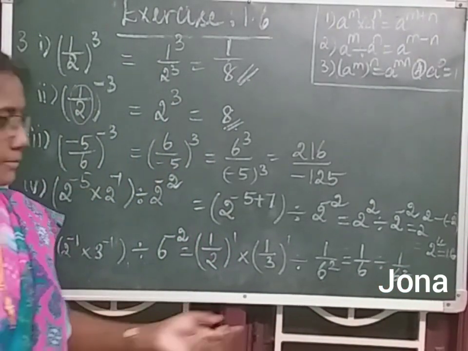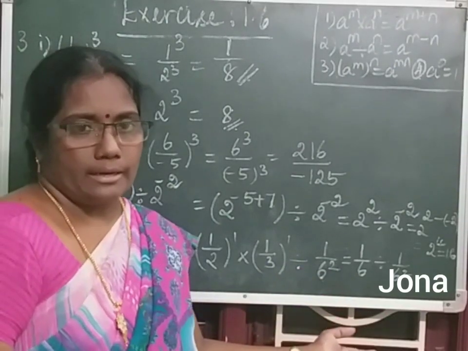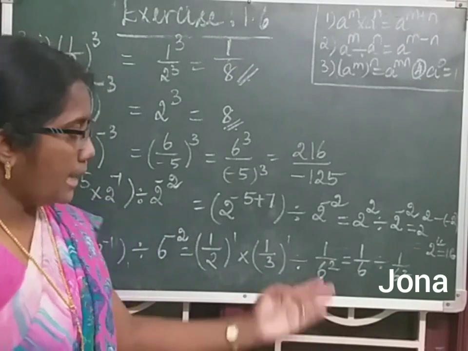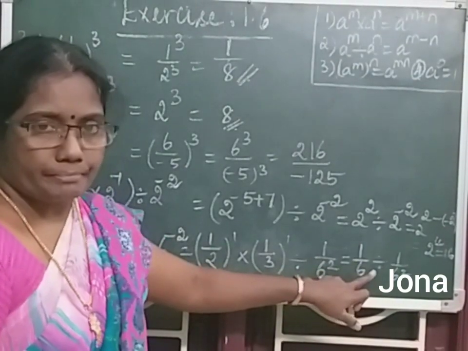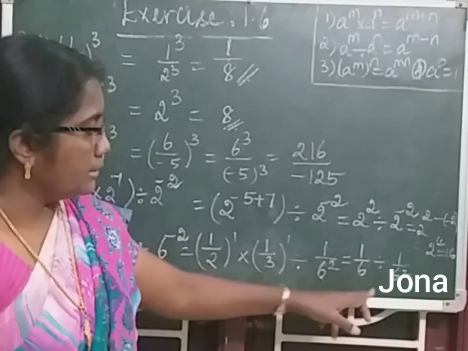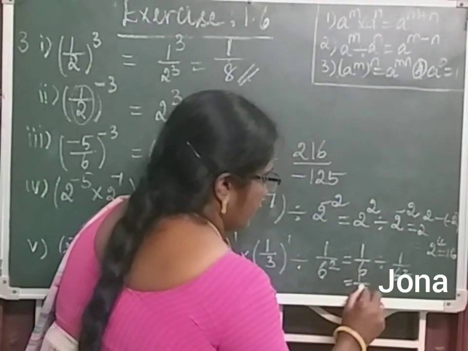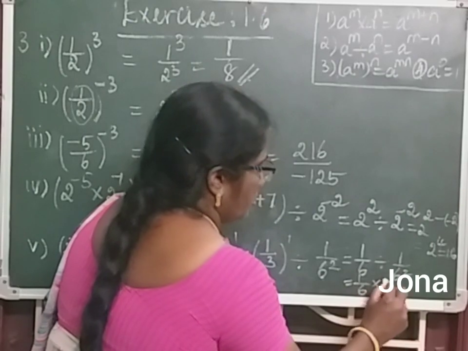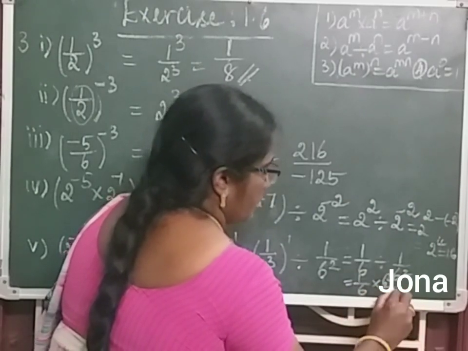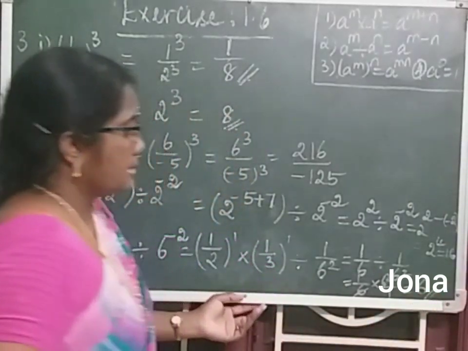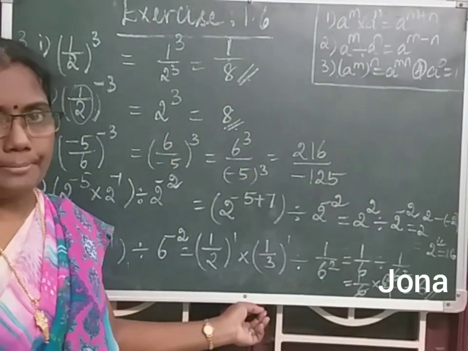Here it is division, so take the reciprocal of this as ordinary division. So 1 by 6 into 6 square by 1. So I can cancel here, so that I got the answer as 6 only.